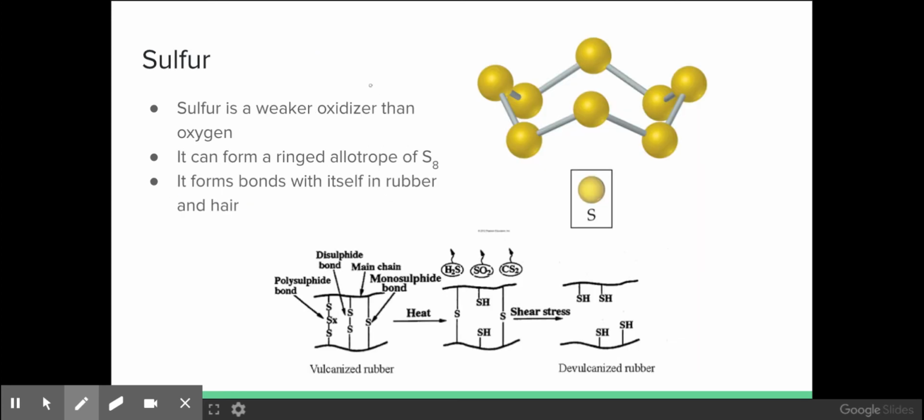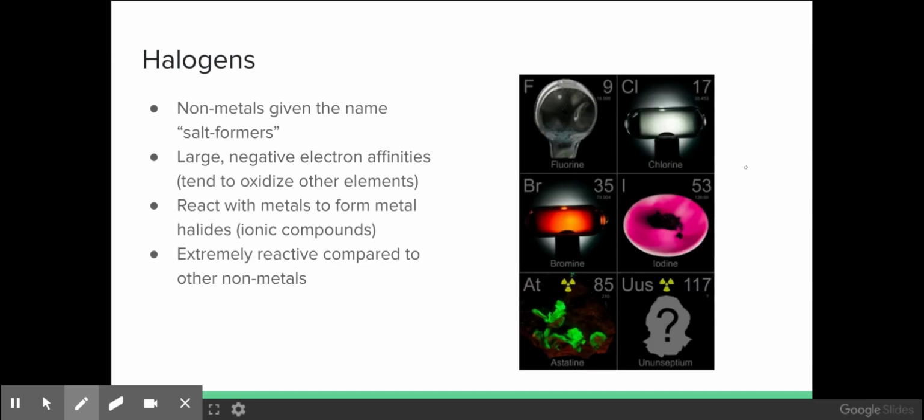Sulfur is a unique substance in that it has the ability to form an allotrope as a ring of sulfur atoms, S8. It also forms bonds with itself in rubber and hair. But again, that's a topic that we'll come back to when we learn about polymers. The halogens in group 17 are -1 anions.